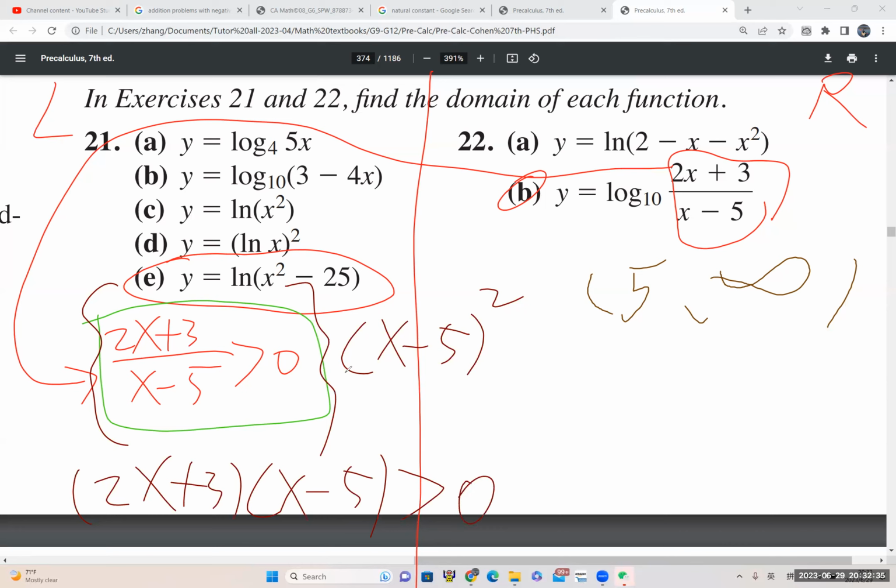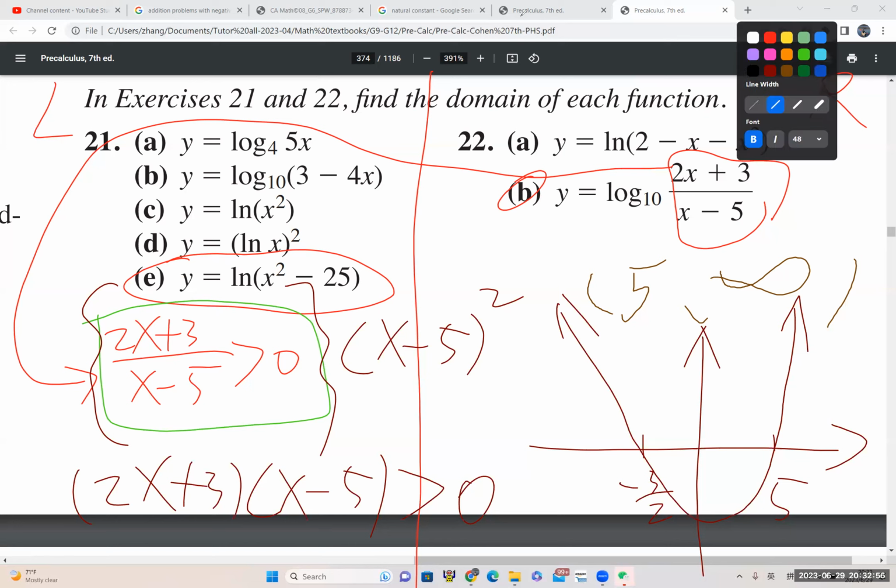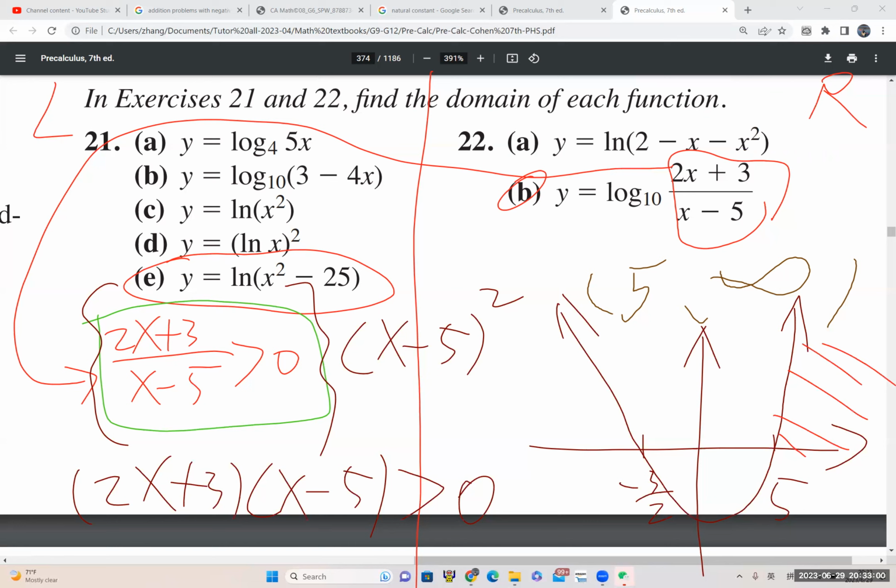Just 0. Then this is factor form, right? One point is negative 3 over 2. Another point is 5. The function is like this, right? Then where is the solution? Suppose we want it greater than 0. This or this, right?